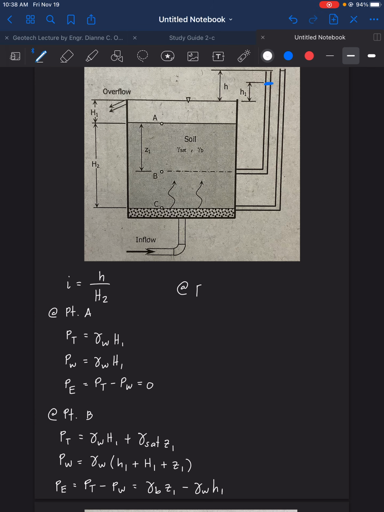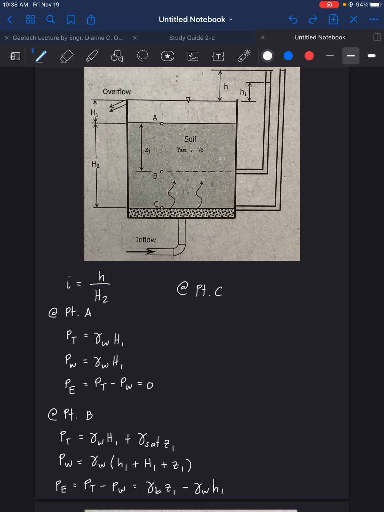Next, we have the point C. So at point C, you see the location of point C is at the bottom of the soil setup. So the tube attached to it, or the one we are concentrating on, is this tube at the bottom.